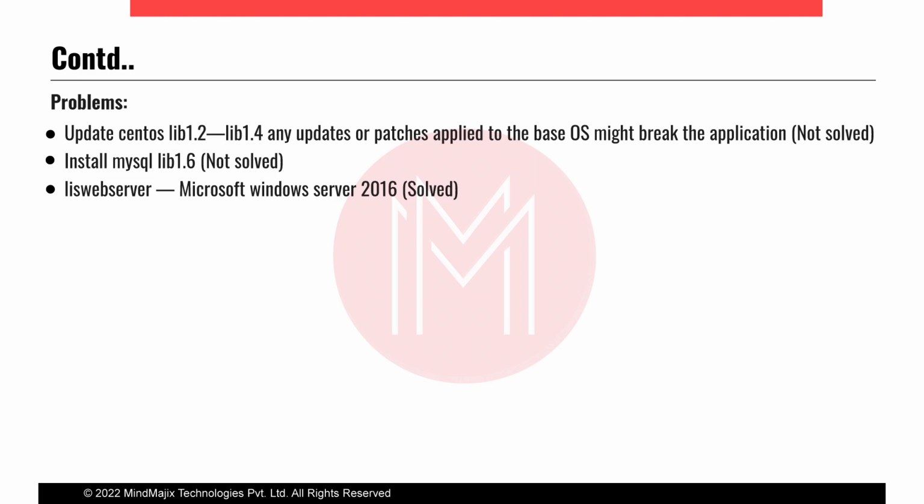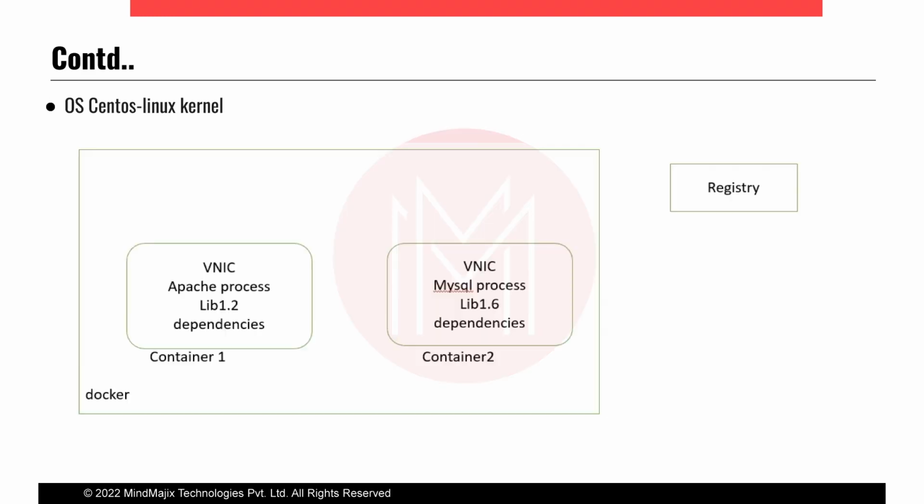So the problem here is solved. And we can also install MySQL here, and even if it has a different library, it doesn't matter, because of the isolation. We can install any other process and do other activities too.